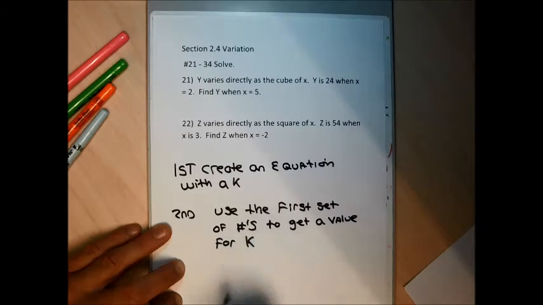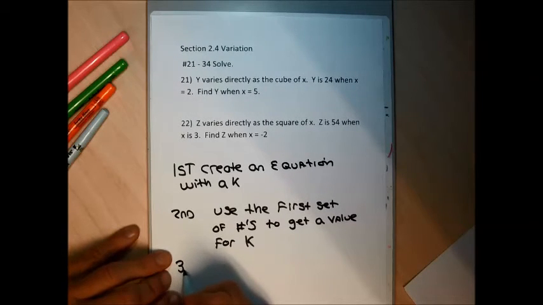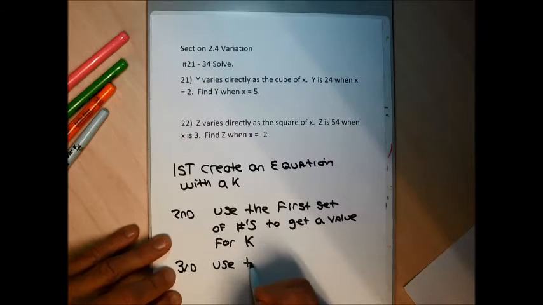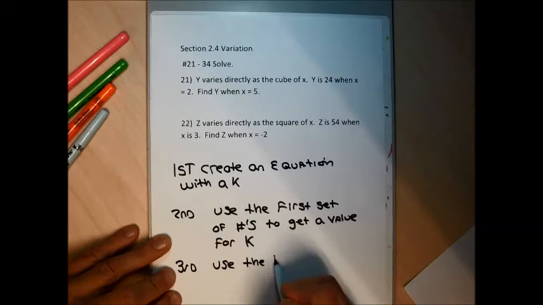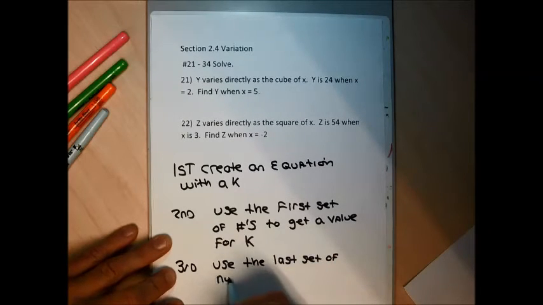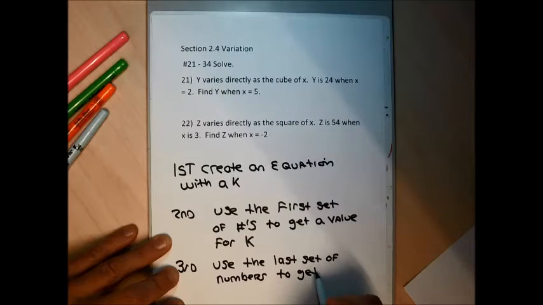I wrote: use the first set of numbers to get a value for k, and third, use the last sentence, the last set of numbers, or the second set of numbers, to get an answer for the problem.